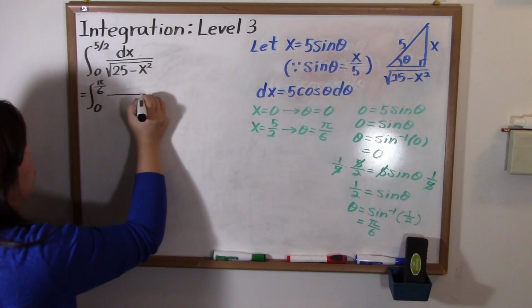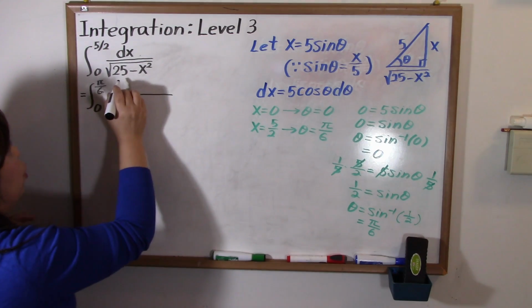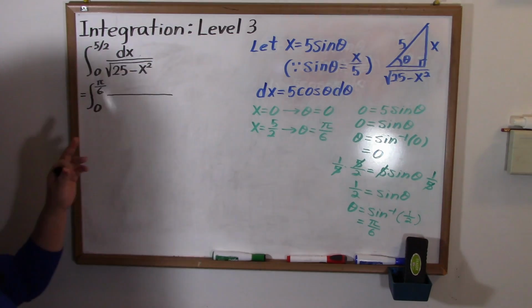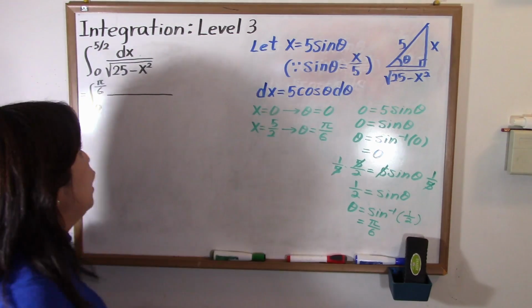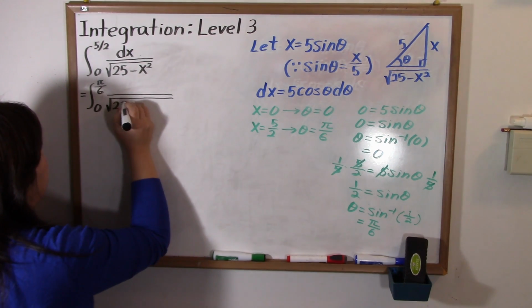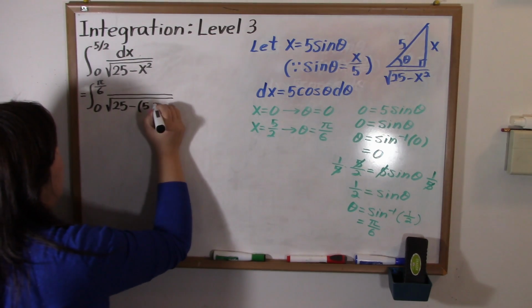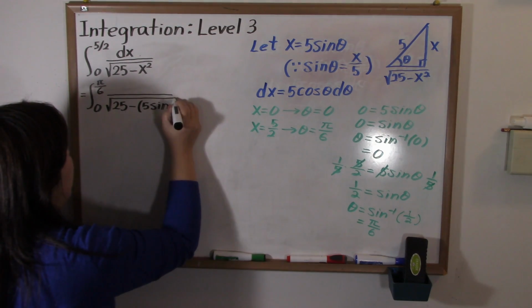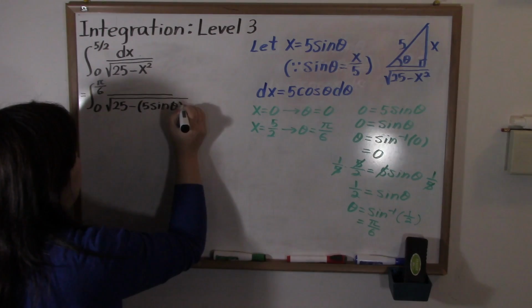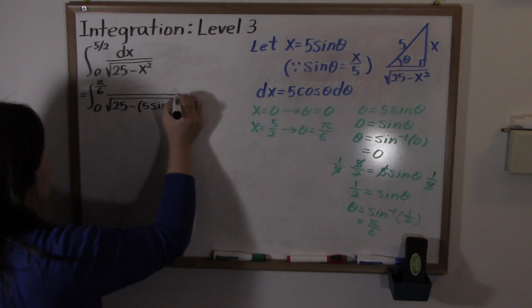And first of all, I'm going to write the denominator: square root of 25 minus x squared. x is 5 sine theta, so square root of 25 minus (5 sine theta) squared.